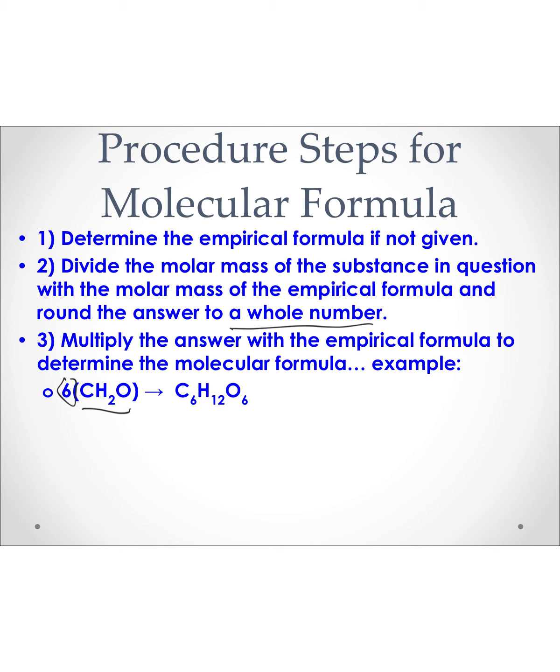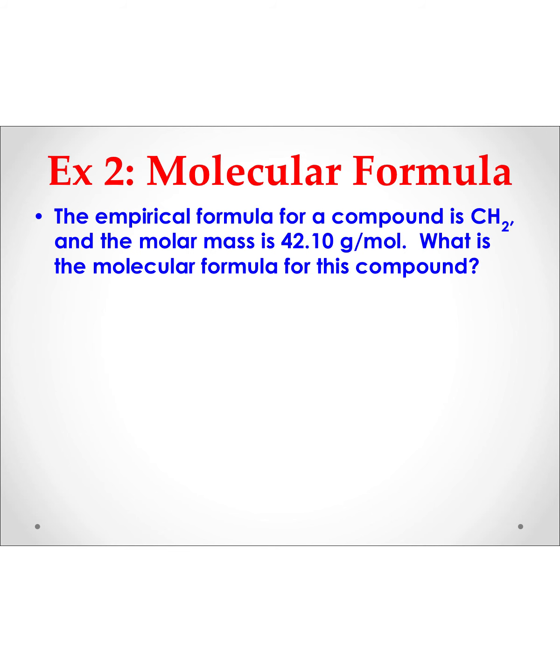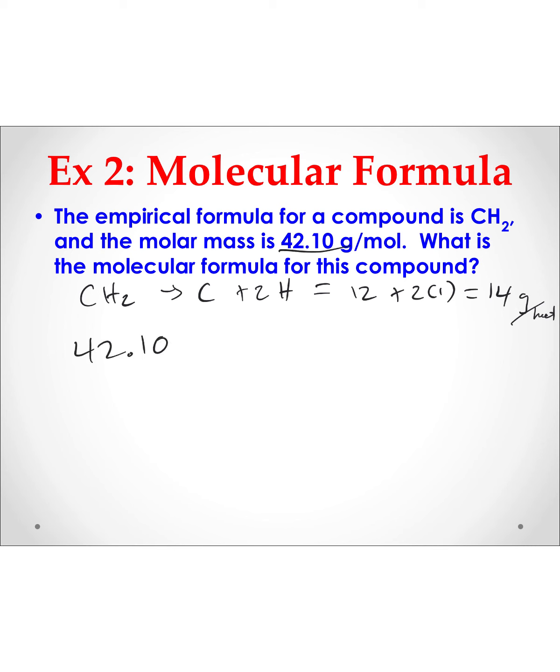So let's do a couple examples of molecular formula. Here I have the empirical formula CH2. That means there's 1 C plus 2 H. So that's roughly 12 plus 2 times 1, which is 2. That gives me a molar mass of about 14 grams per mole for the empirical formula. As I said, take the bigger number for the next step, which is 42.10 grams per mole, divided by the mass that we got.